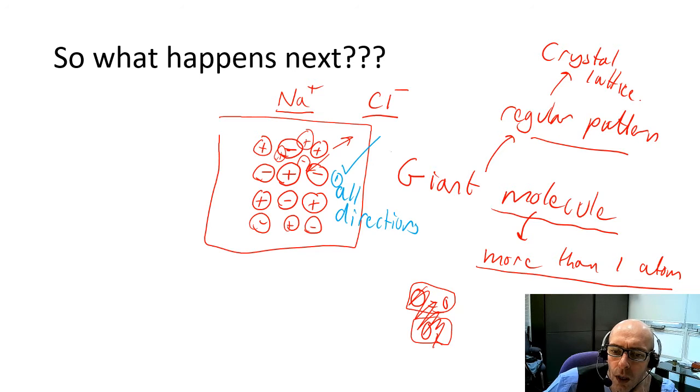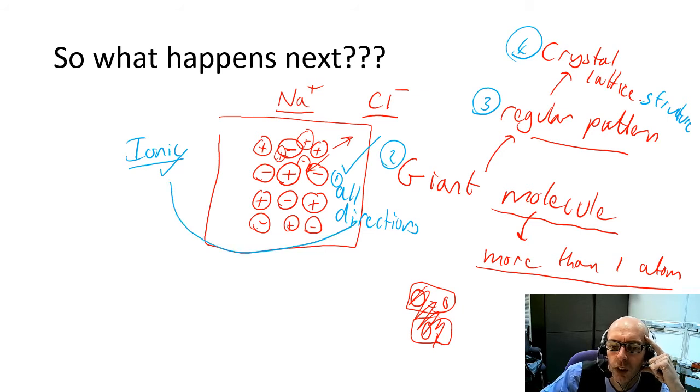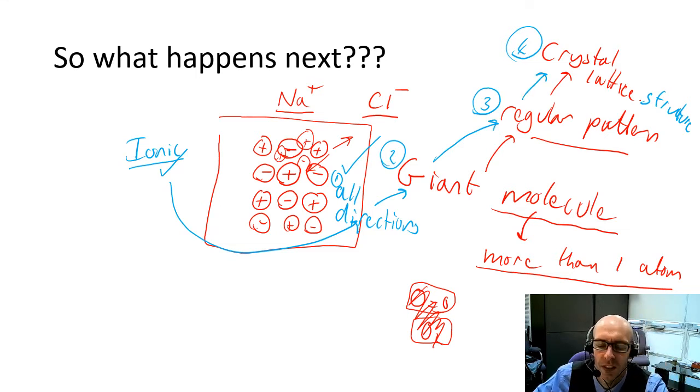Number two, because of that, it forms giant molecules following a regular pattern, and that pattern, that structure, is a crystal lattice structure. And remember, this whole topic is called structures and bonding. So what we're dealing with here is today's title, positive and negative ions attracting. So ionic attractions in all directions leading to giant molecules with a regular pattern and a crystal lattice. That is a 6-marker answer to explain why.